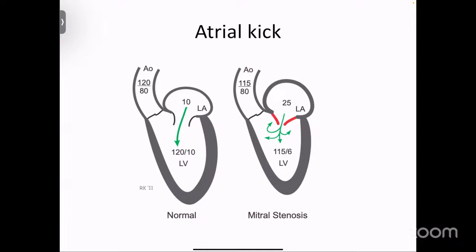And when that happens, the atrial kick is lost. Thus, in severe mitral stenosis, left ventricular filling is dependent on this atrial kick. With the loss of the atrial kick, there is a decrease in cardiac output and sudden development of congestive heart failure.